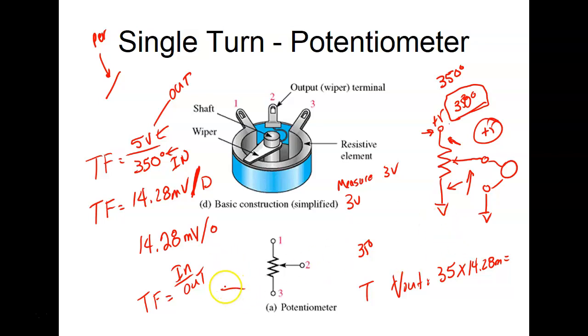I know the transfer function, so the transfer function would be over here. Up here would be in, and over here would be out. I'm giving you out, so what are we trying to solve for? In, right?